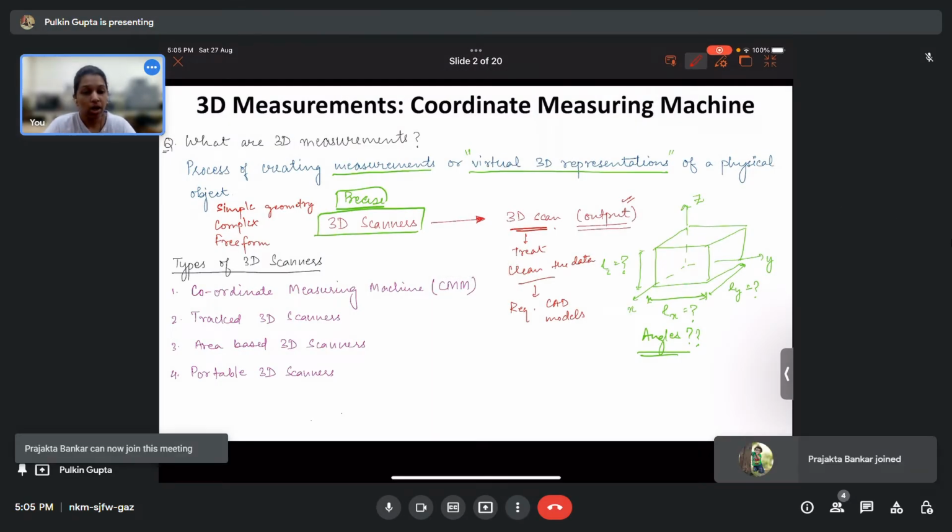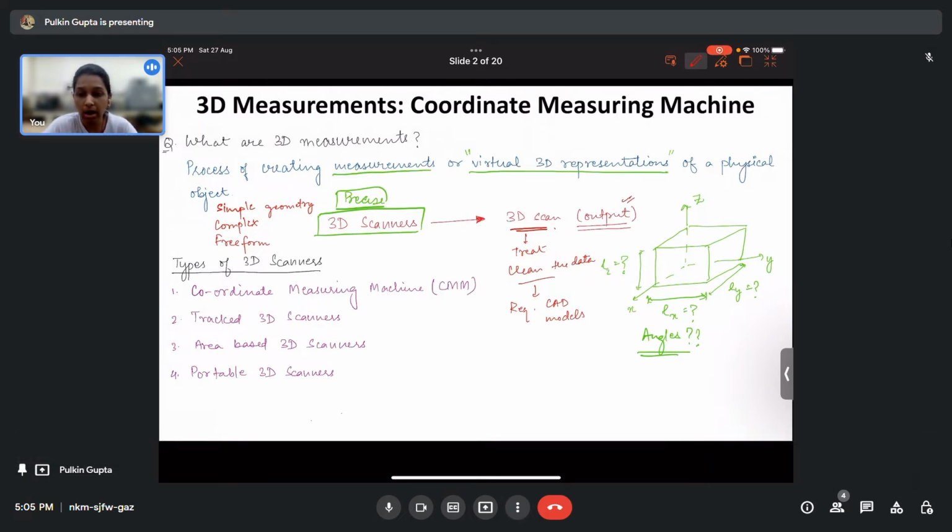Okay, so the different types of 3D scanners that are available with us are the coordinate measuring machines, tracked 3D scanners, area-based 3D scanners, and the portable 3D scanners. So we'll be dealing in detail with the coordinate measuring machines and the portable 3D scanners.